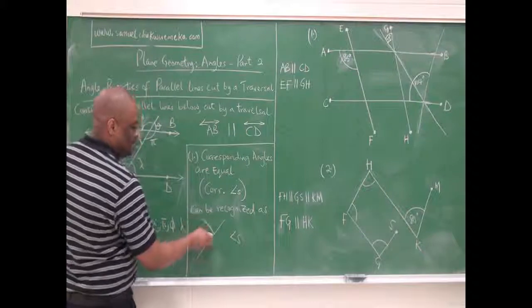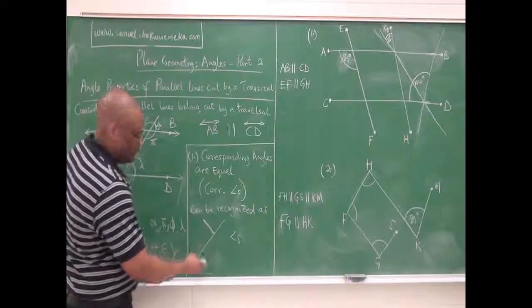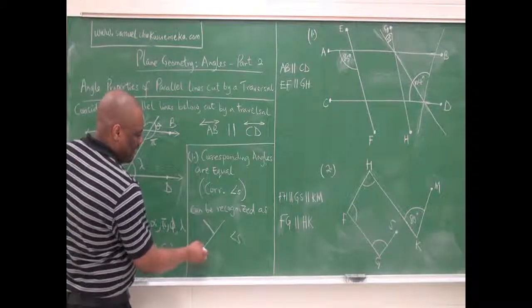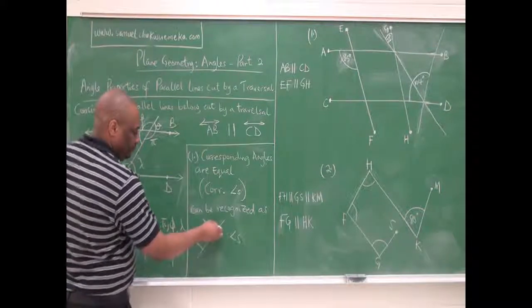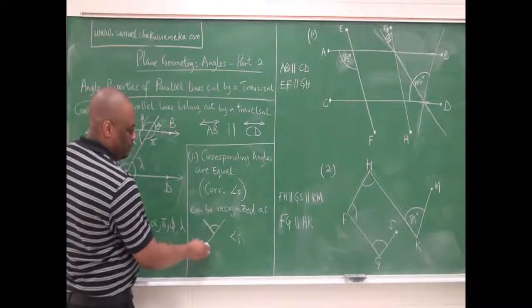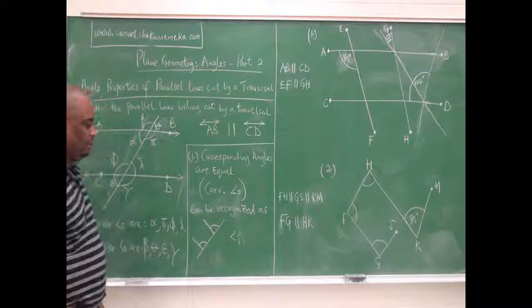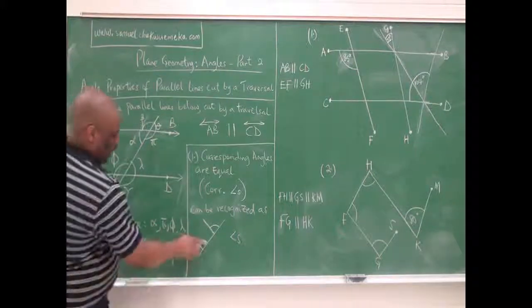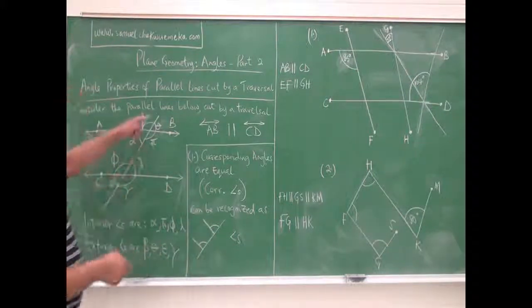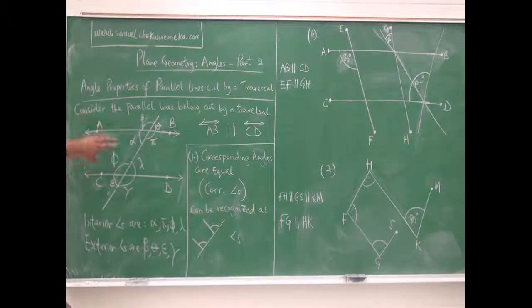With corresponding angles, when you have the traversal, you have an exterior angle equal to an interior angle. If you look at these parallel lines cut by the traversal, you see something like a Y here.